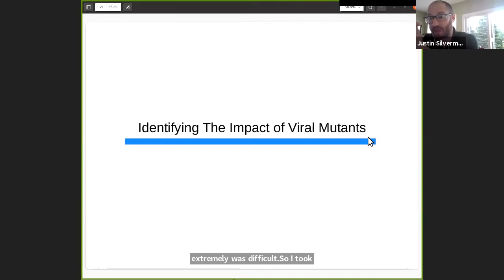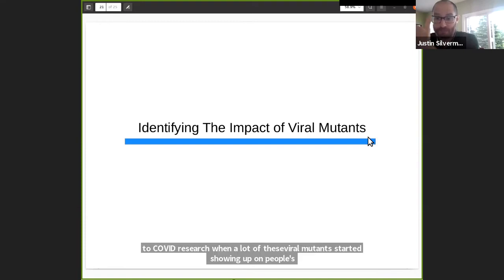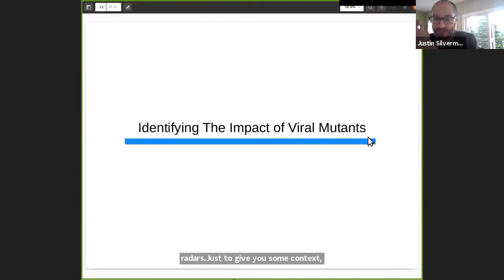ended up coming back to COVID research when a lot of these viral mutants started showing up on people's radars. Now, just to give you some context, viruses naturally mutate. Not all mutations confer a selective advantage. A lot of mutations are relatively neutral.